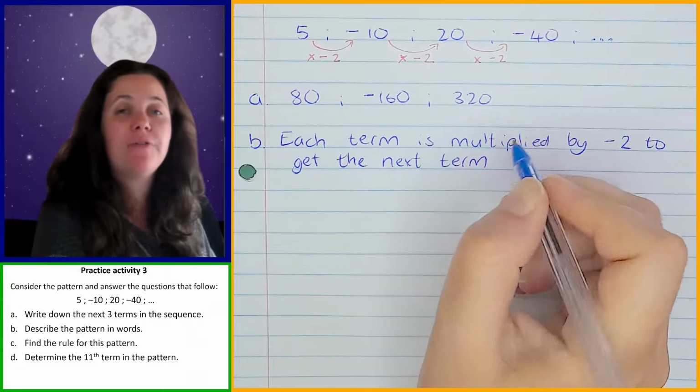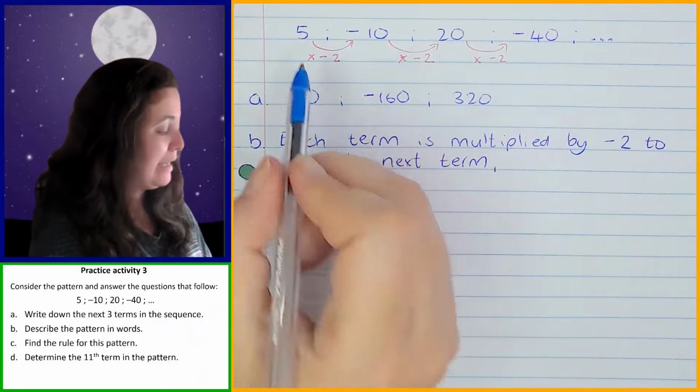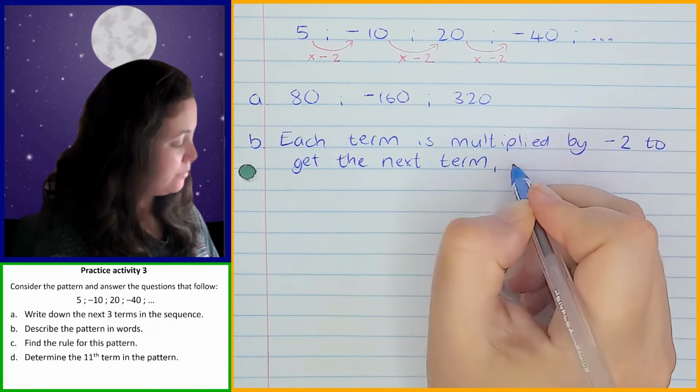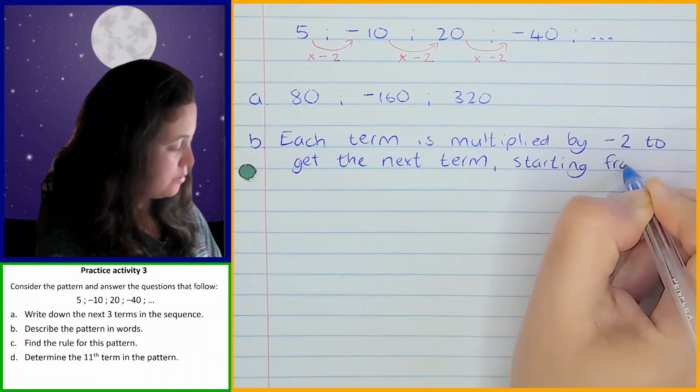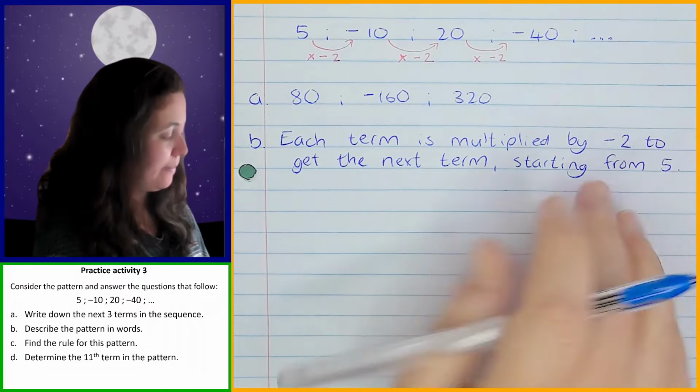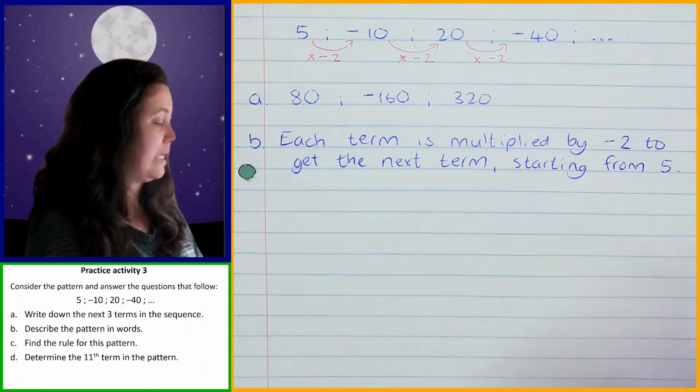Okay, and then we also have to say where the pattern is starting, and it's starting at 5. Okay, so that's what your description should look like.